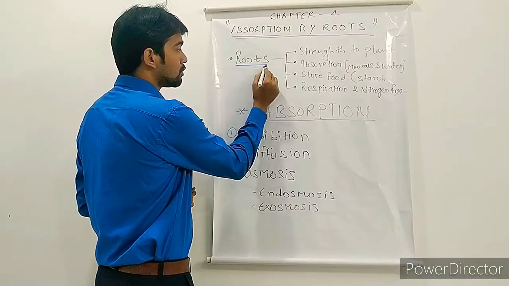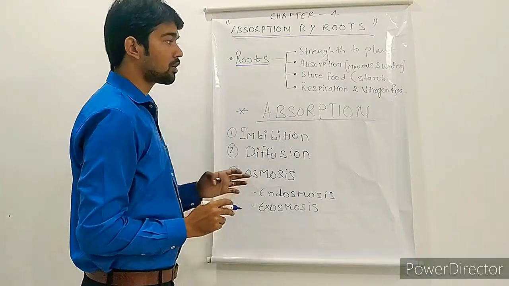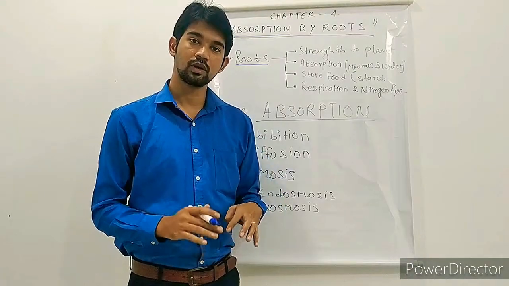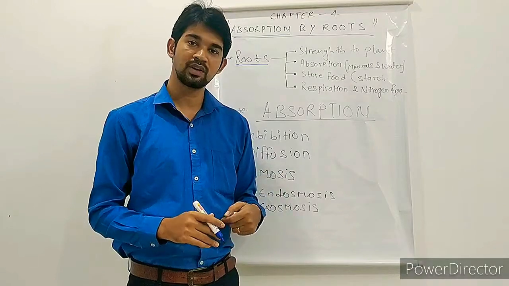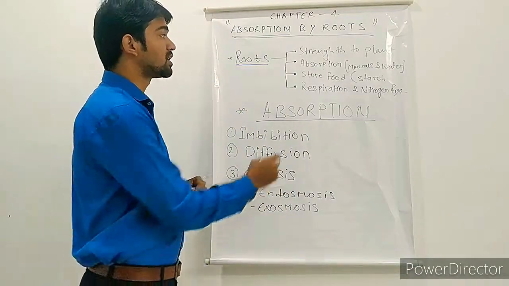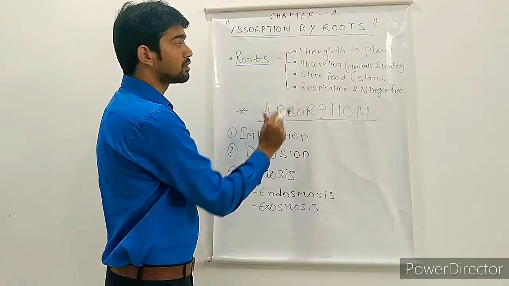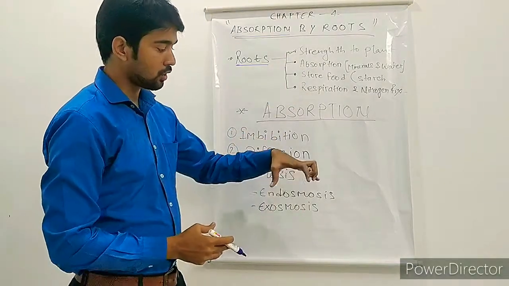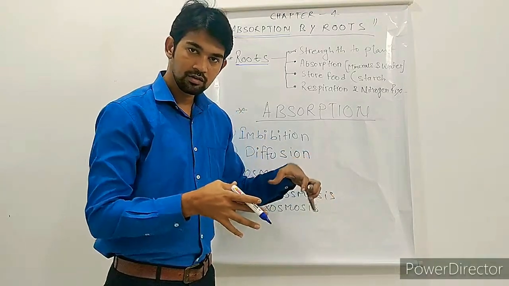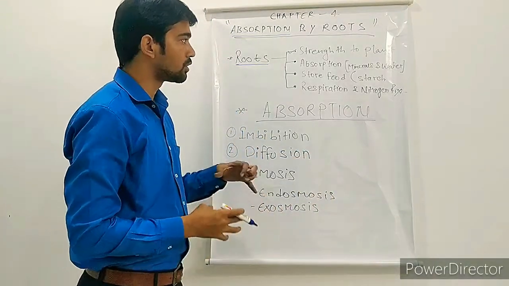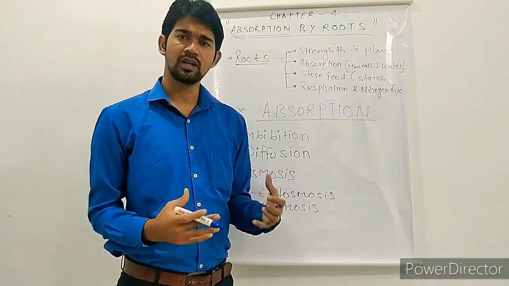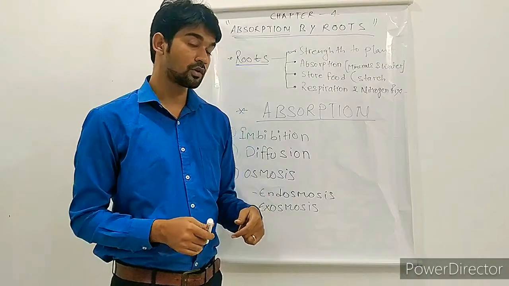Now, roots, we know that they are a part of a plant which are below the soil, below the ground, and the main task of these roots is number 1, strength to the plant as they hold and support the plant by clinging to the rocks and soil and all the humus or any kind of material that is present in the soil.